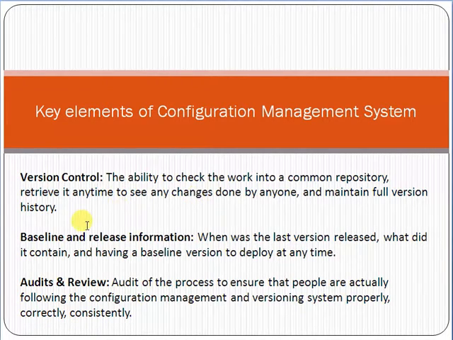So this is called the concept of version control. Now next is the baseline and release information. When was the last version released, what did it contain, and having a baseline version to deploy at any time. Friend, I hope you understand the concept of baseline. Baseline concept is that when you initiated a project, the scope, schedule, all these things are agreed and finalized.